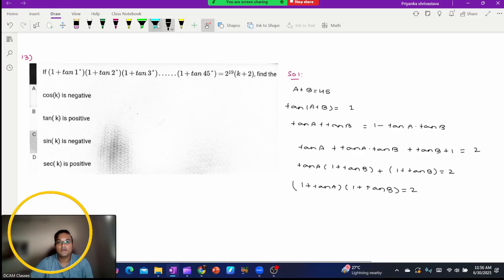Now see what terms I'll take. This and the last one, 44. Let's leave it as it is. I'll take 1 plus tan 1 into 1 plus tan 44. Why? Because here a plus b, this plus this is equal to 45.